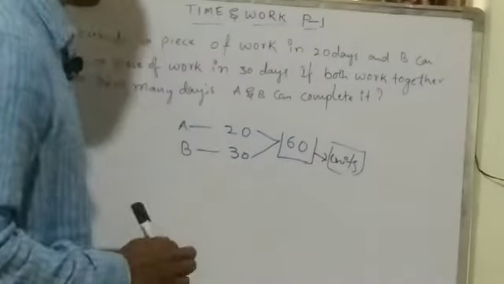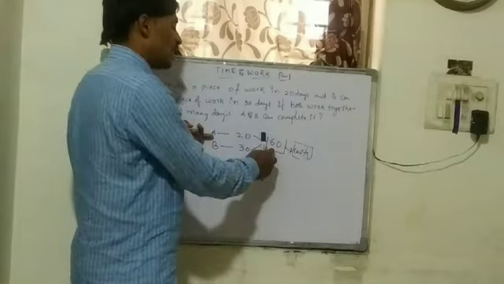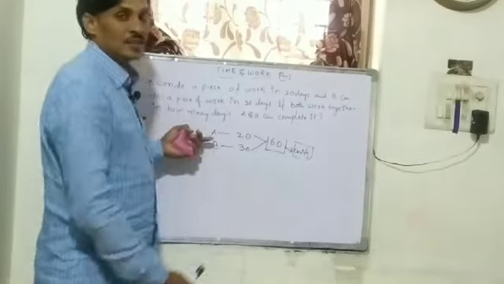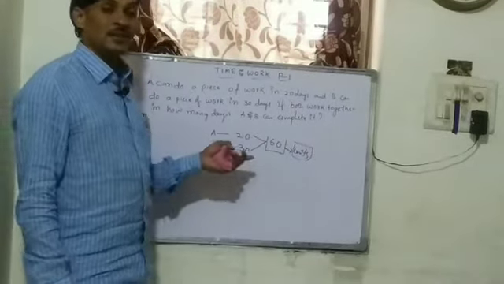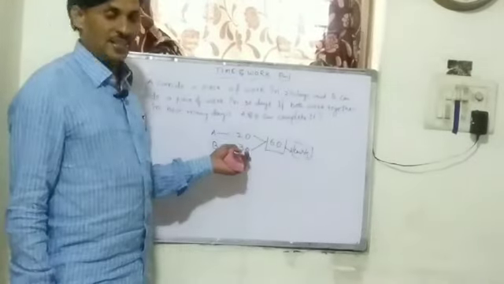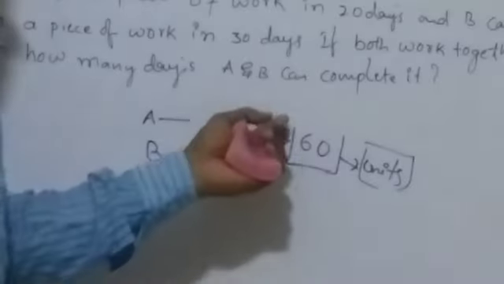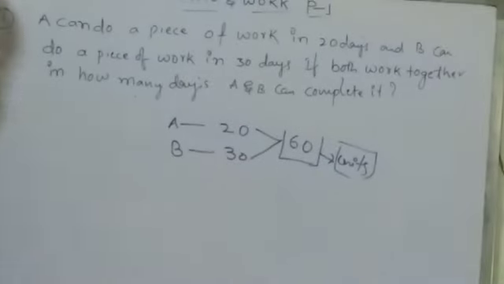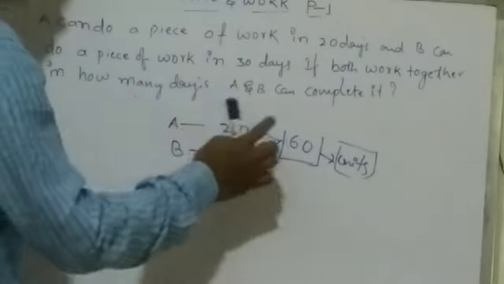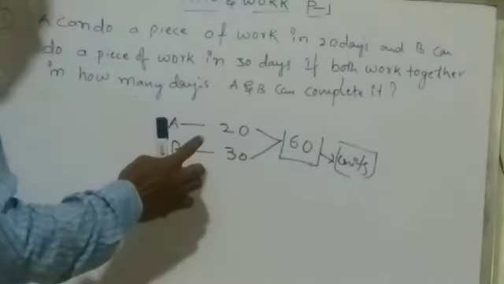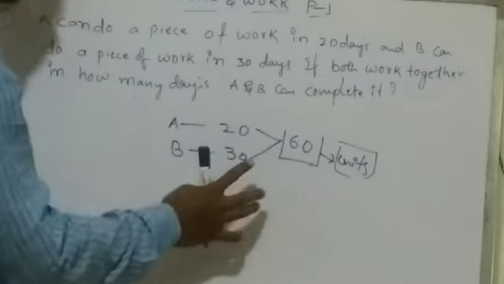So the meaning is A is doing 60 units of work in 20 days, and similarly B is doing 60 units of work in 30 days.